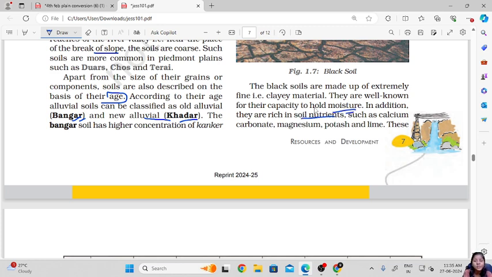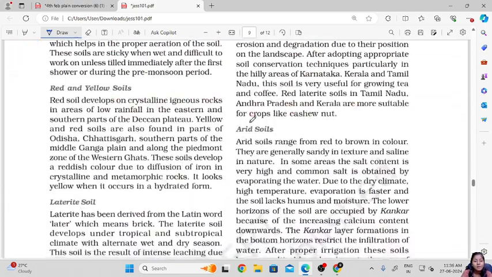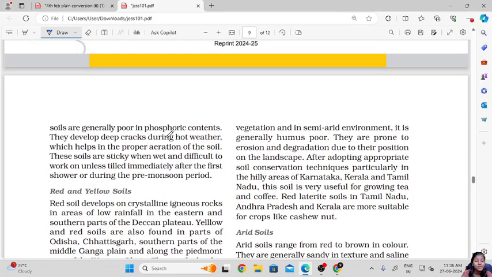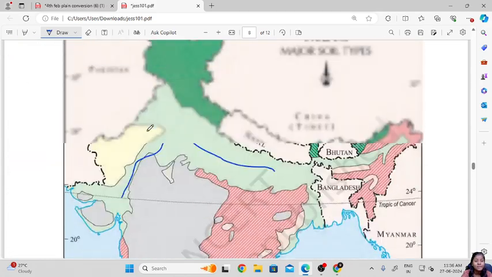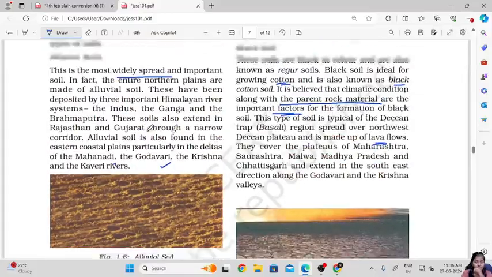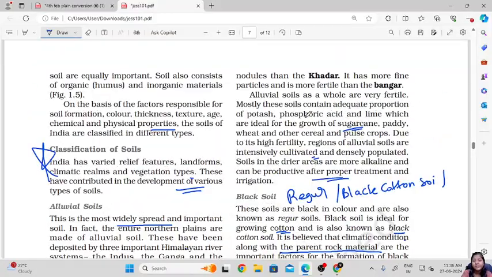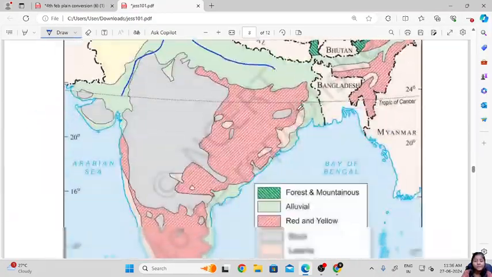They are very rich in nutrients such as calcium carbonate, magnesium, potash and lime, but generally poor in phosphoric content, whereas alluvial soil is very rich in phosphoric content.